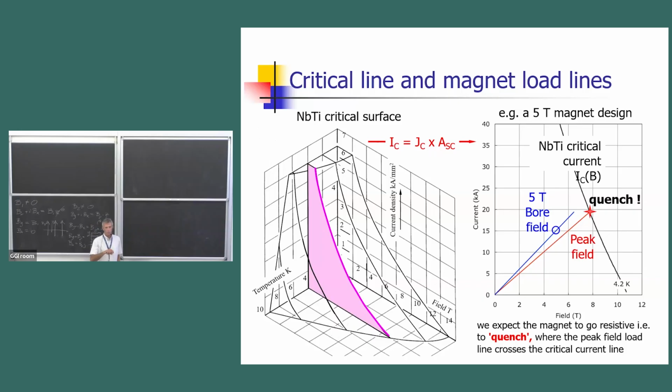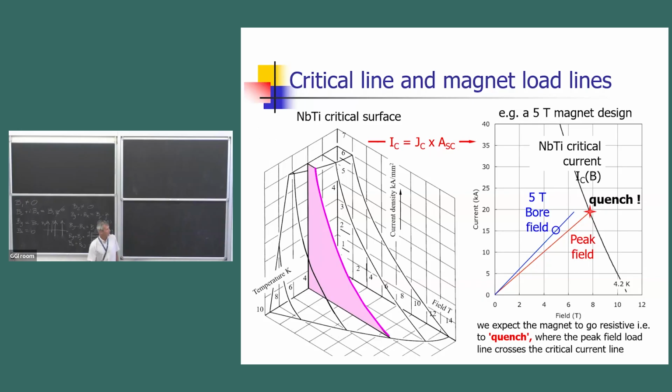So the product of the JC, critical current density, times the cross section. And that I plot here. That's a critical current. And the horizontal axis where I sliced was the field. So I get a line here. That's the purple line, which corresponds to this line here.